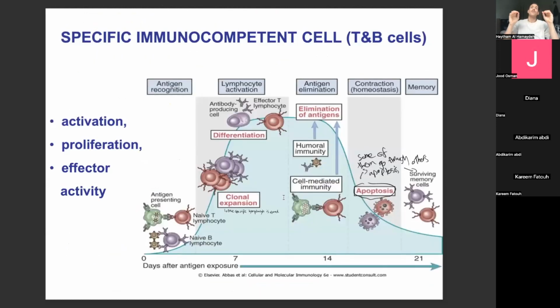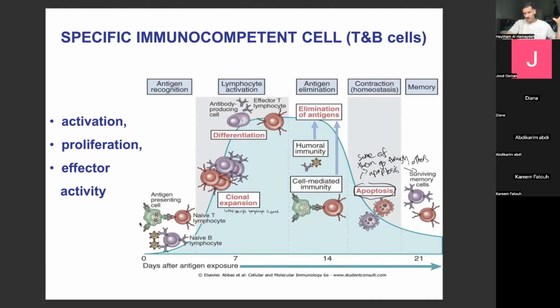Done. So now we're going to the third step, detecting the function of the cells, whether they are able to activate, proliferate, or act as effector cells. Those three regions are basically focusing on T cell and B cell. This is just telling us how B cells get activated. They go into clonal expansion, increasing their number, they proliferate.